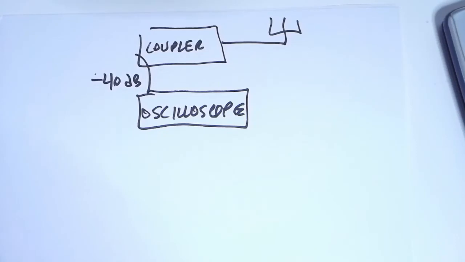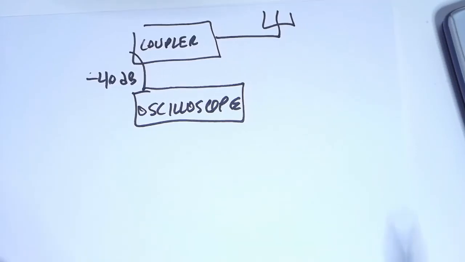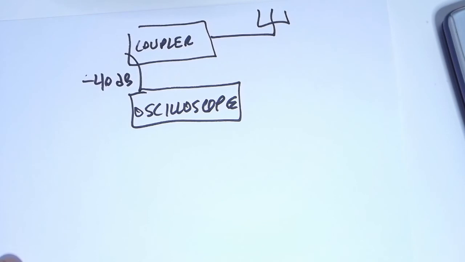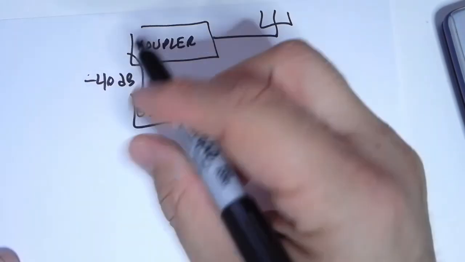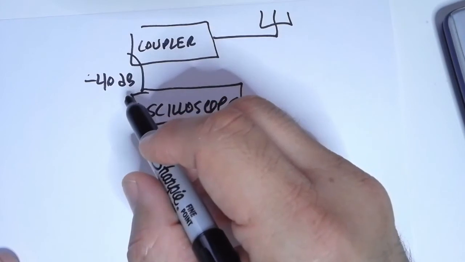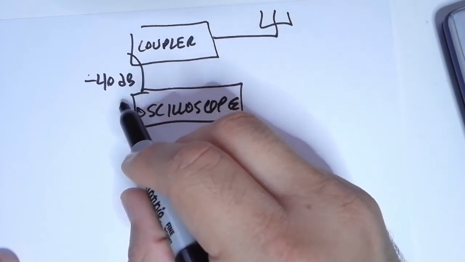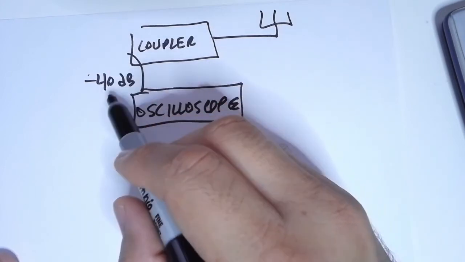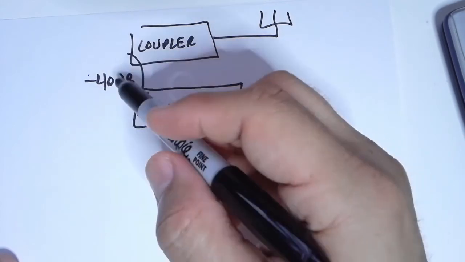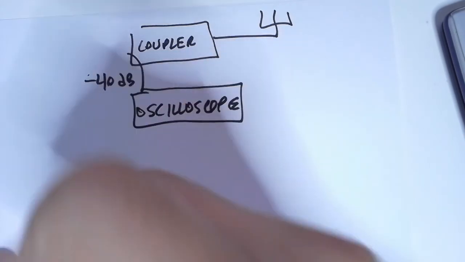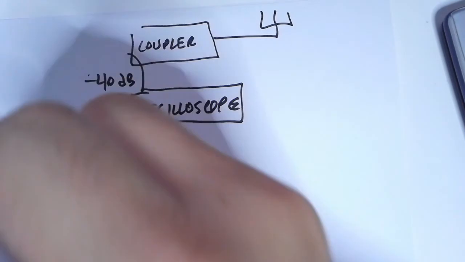Now we need to plot the waveform on the oscilloscope. We need to start by getting the ratio in a percentage of what 40 dB is the equivalent.